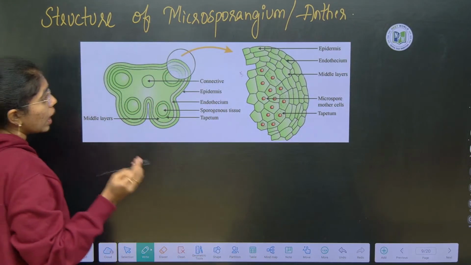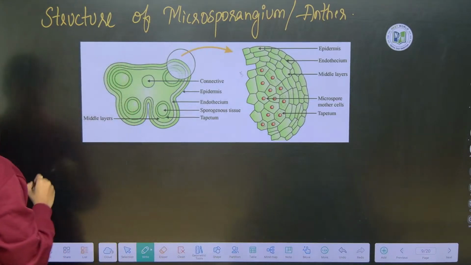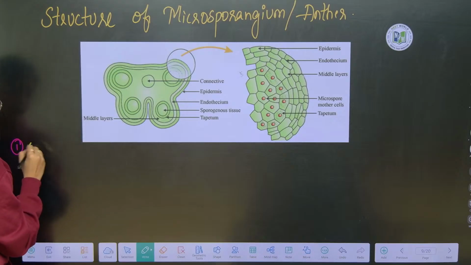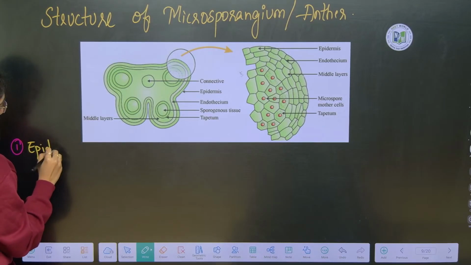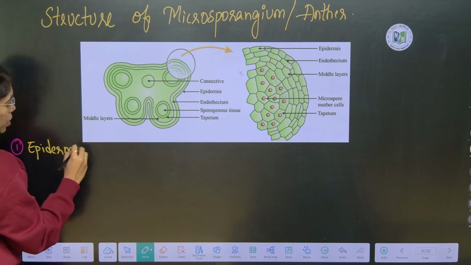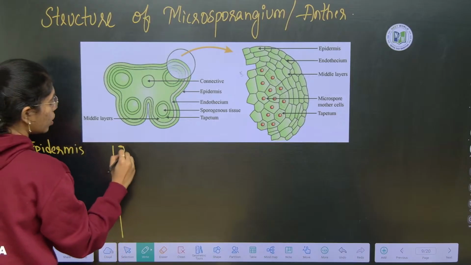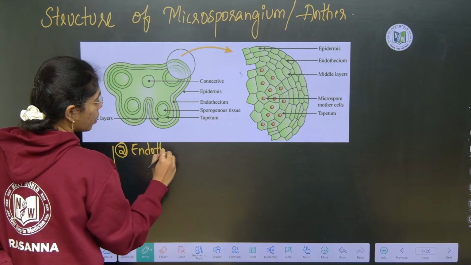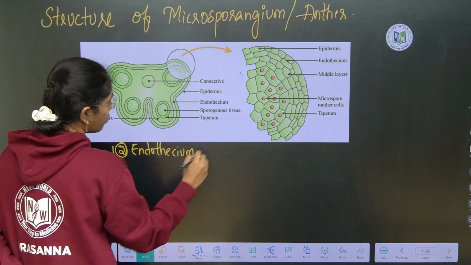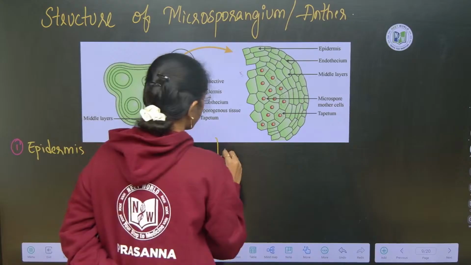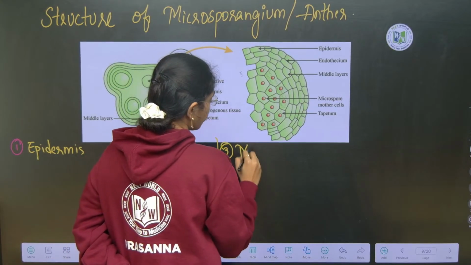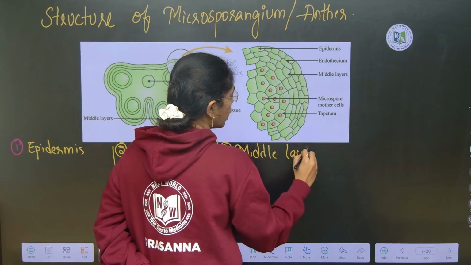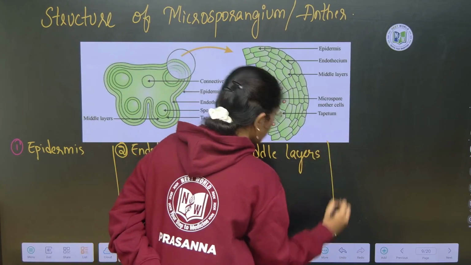The outer wall layer is epidermis. Next to epidermis, you have endothecium. Next to endothecium, you have middle layers. Next to middle layers, you have the innermost wall layer, that is tapetum.